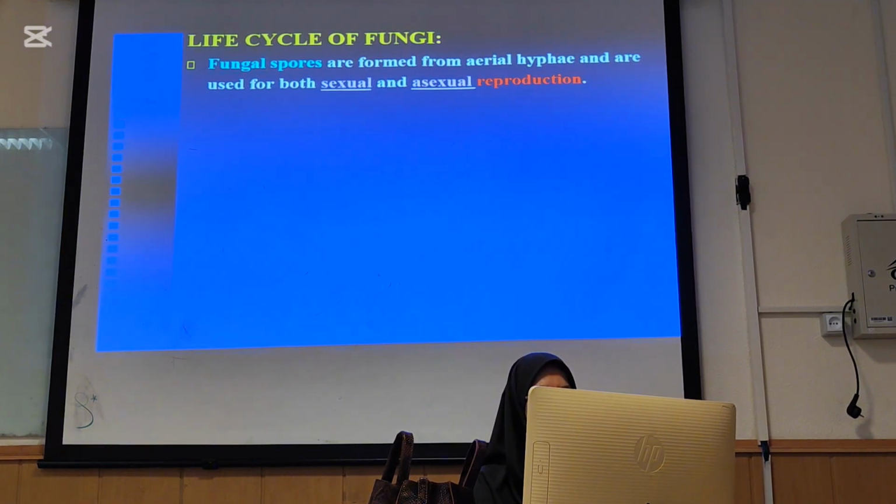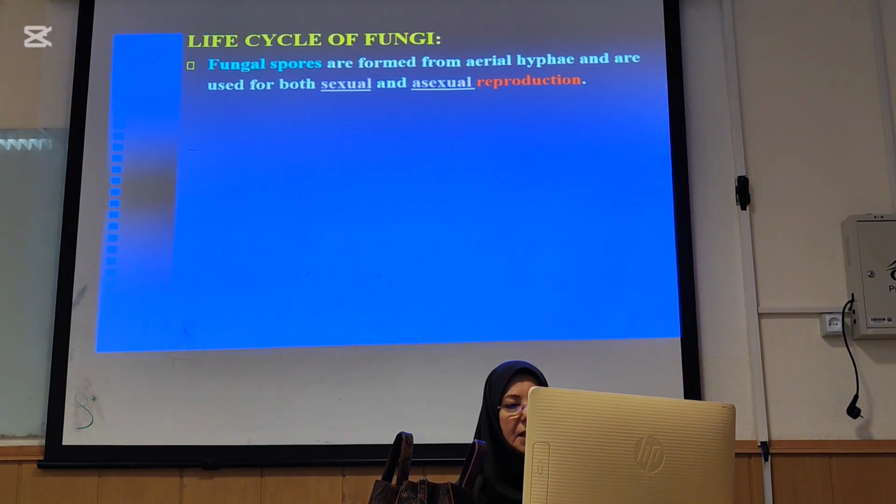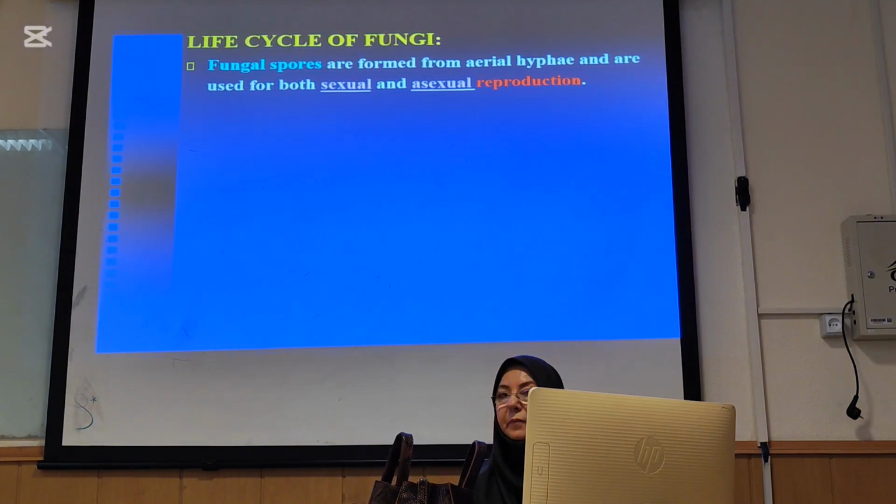Okay, following on this subject, we can say that fungal spores are formed from aerial hyphae and are used for both sexual and asexual reproduction. It means that we have two methods of reproduction for fungi.